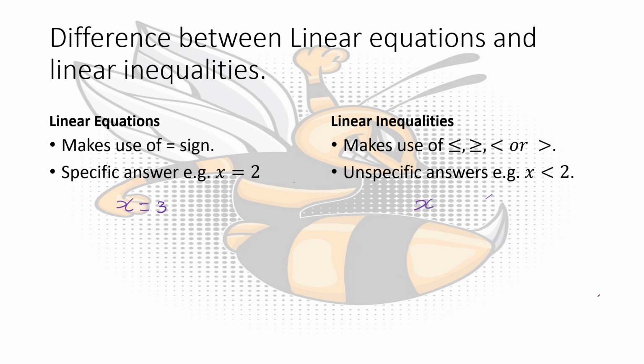So for instance, if I tell you your x value is bigger than 2, then it means your x value can be 3, it can be 4, it can be 4.5, it can be 25, it can be any value that is bigger than 2. So with linear equations, we have specific answers, while with linear inequalities, we have unspecific answers.